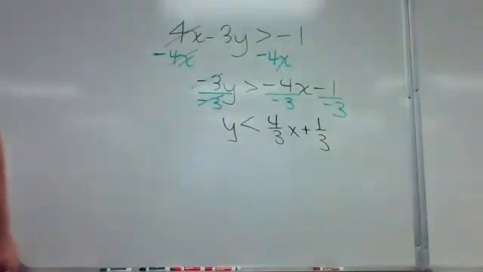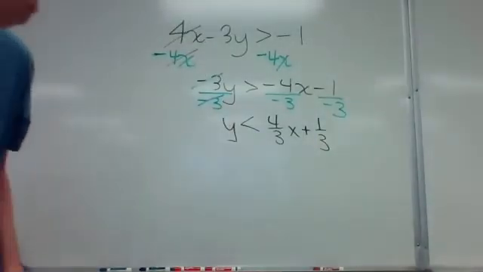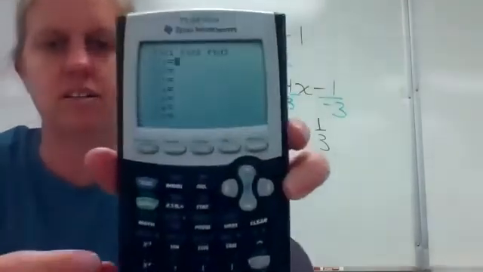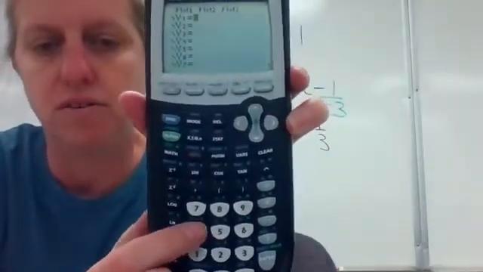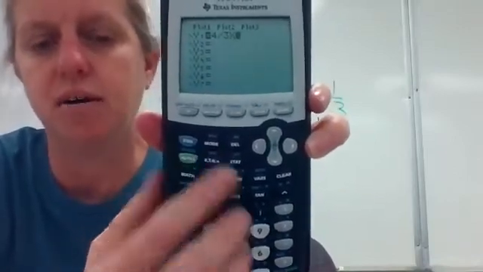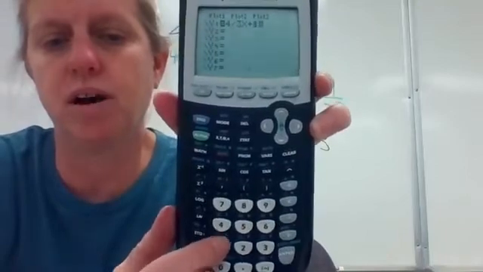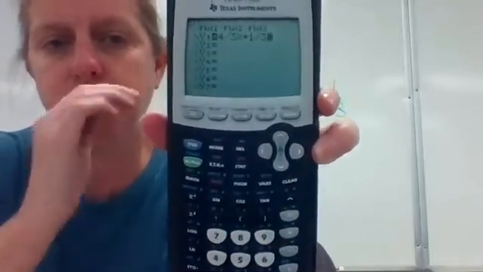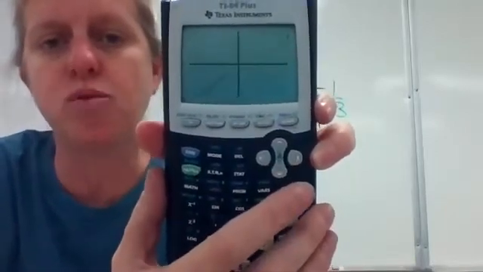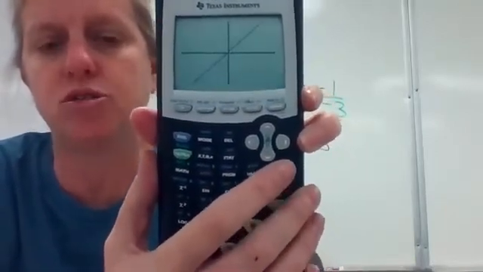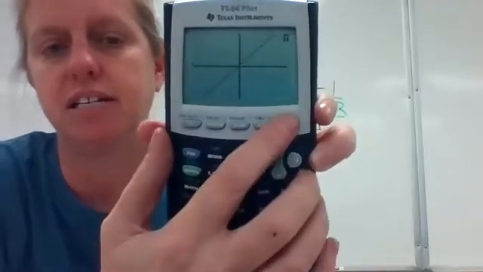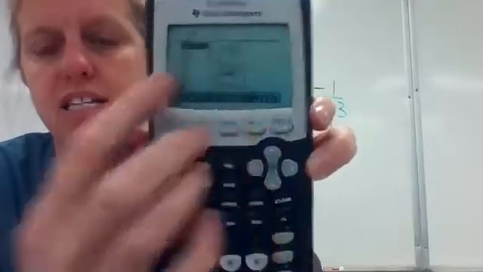I'm going to put this in my y equals. So go to y equals and clear it out. 4/3x plus 1/3 and graph it. Now I do want to plot points on this. So I'm going to go to my table. So second table and get some good points.